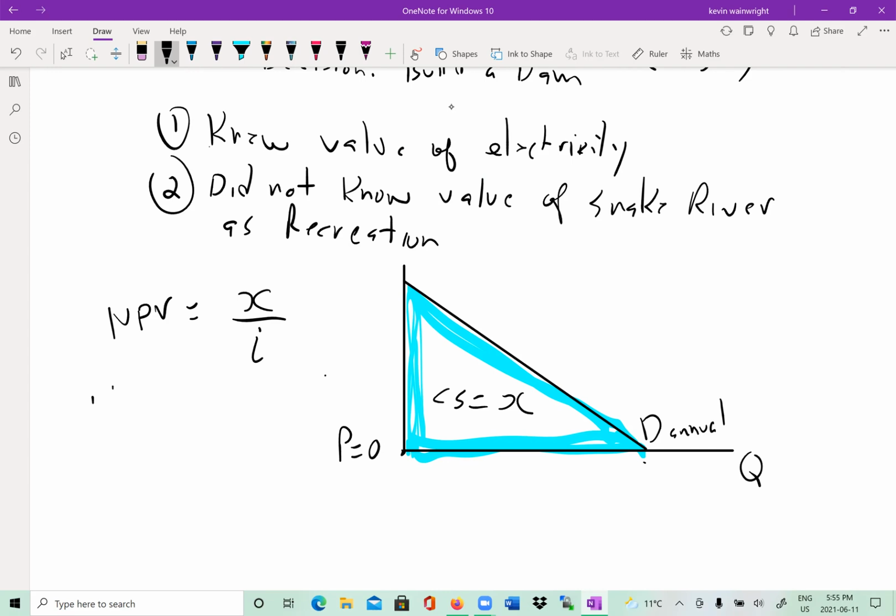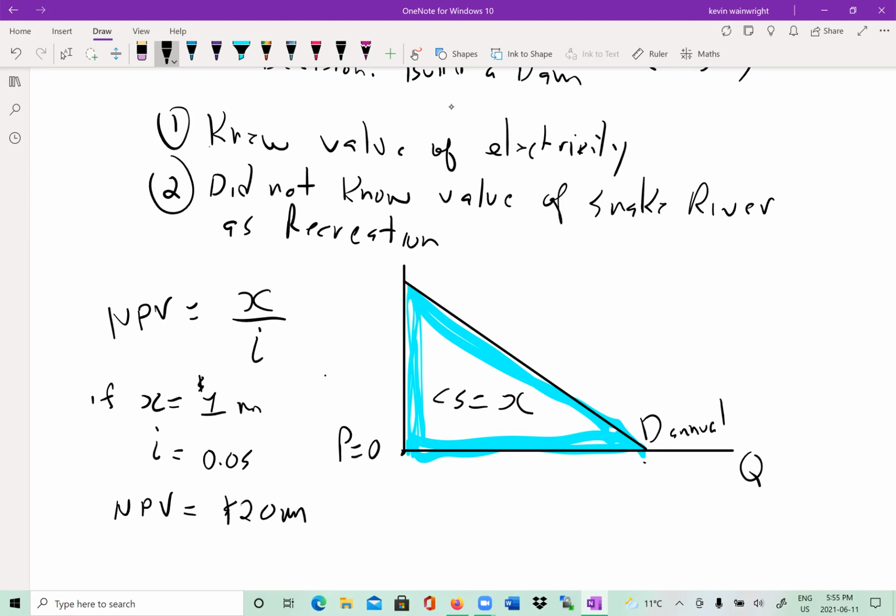So if X equals $1 million a year, and the interest rate is equal to 0.05 or 5%, then the net present value will be, say, 20 million, right?